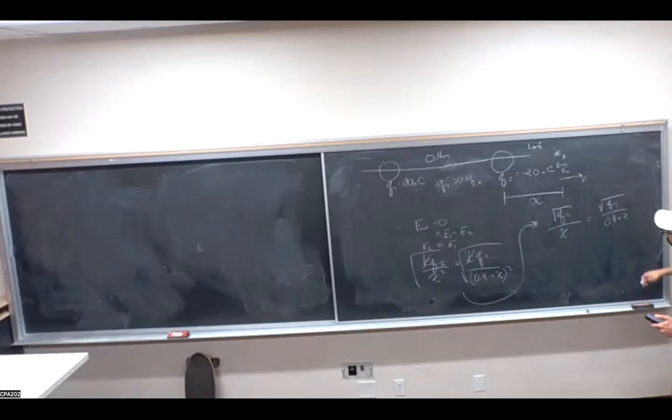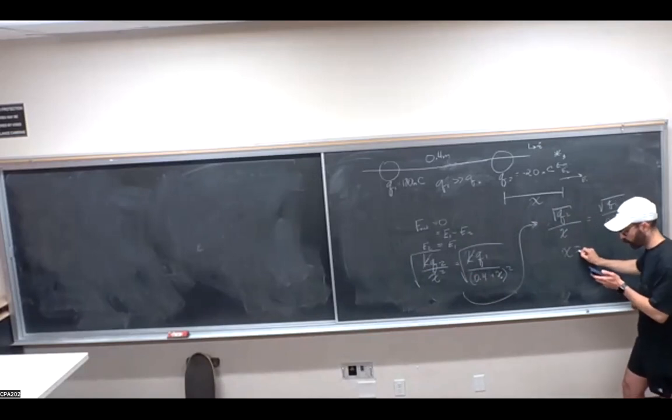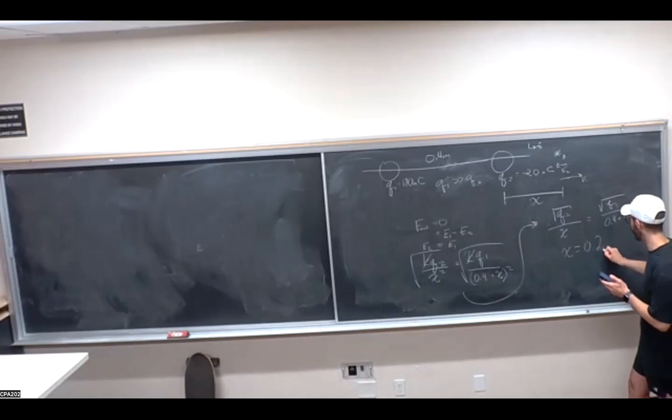And now you just have to rearrange it such that you have the x's on both sides and plug in everything, and you'll solve for x, which is going to be equal to 0.2 meters.